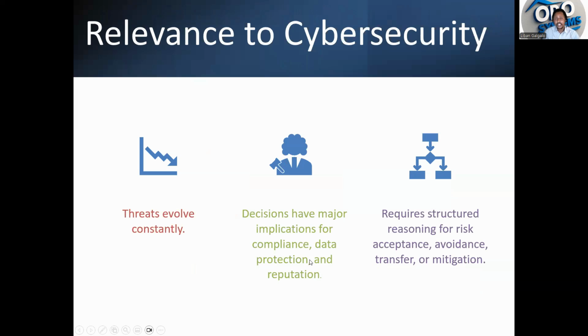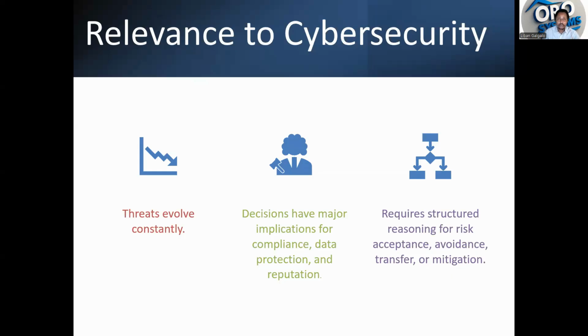So how is decision making relevant to cybersecurity? As threats are evolving all the time, the right decision of taking the right control will prevent that kind of threat in the first place instead of just reacting. So it needs to be proactive. Decision making also helps with the implications of compliance, data protection, and reputation.